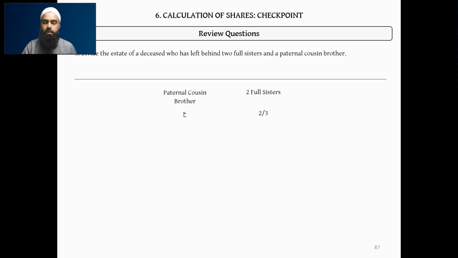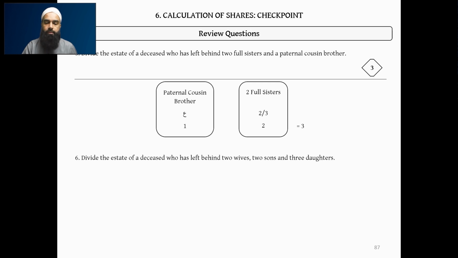He is the only agnate or agnatic shareholder. So we see there's only 2/3 being used here. So we make the divisor out of 3. The full sisters receive their 2 parts, and the cousin brother will now receive 1, the remaining. So it's 3, no problem, it's all okay.